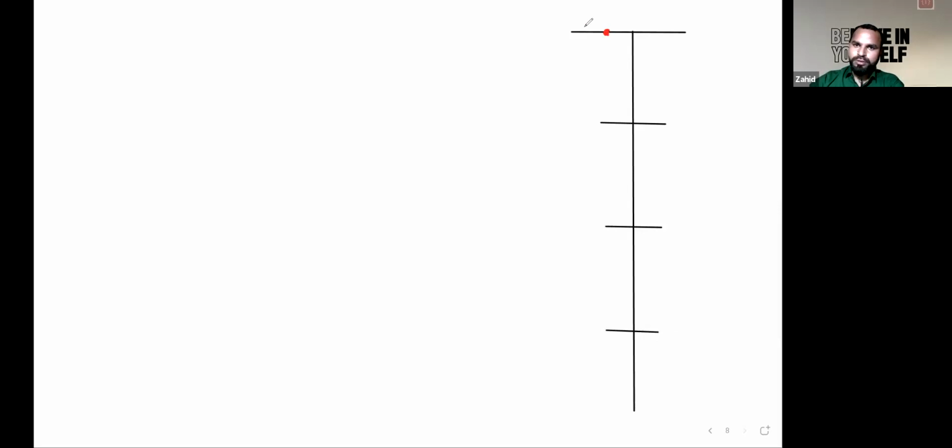This is your object, which is dropped from a high building. Let's say this displacement is h, h, and h. The time taken to go from this point to this point is t1, from this point to this point is t2, and from this point to this point is t3.